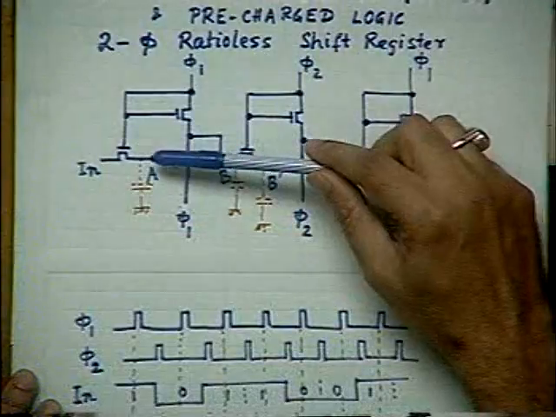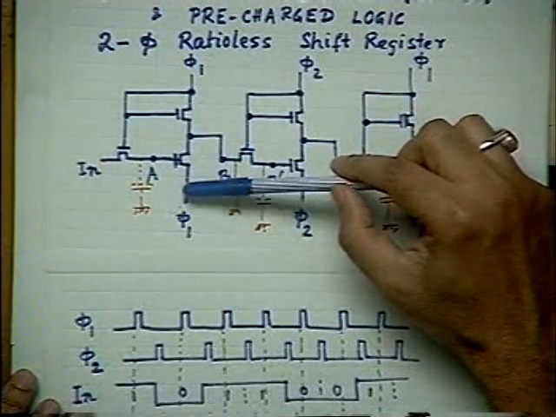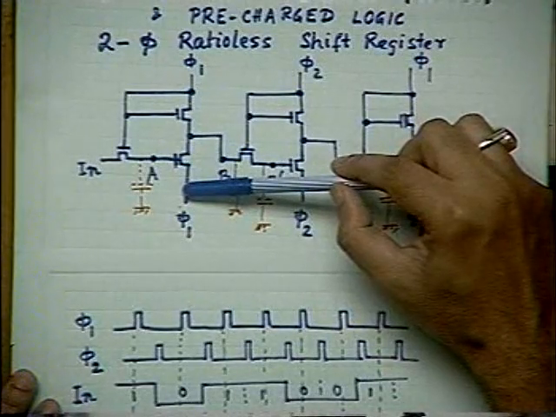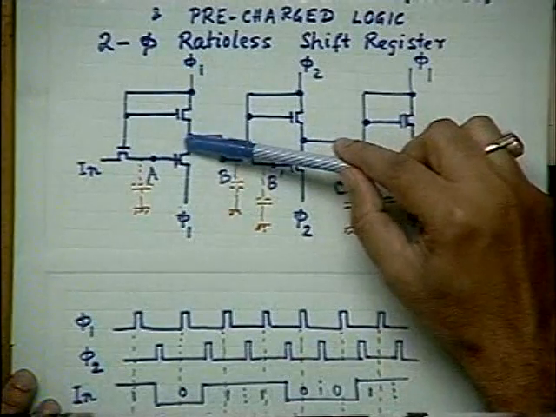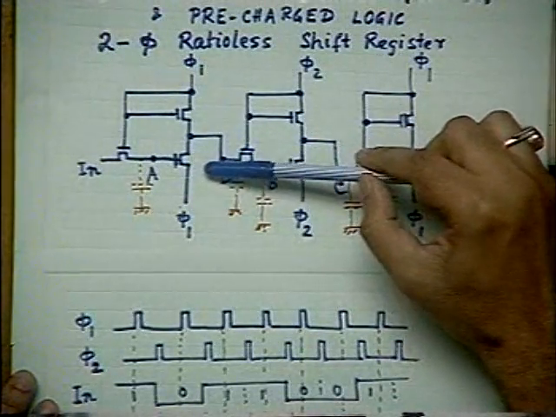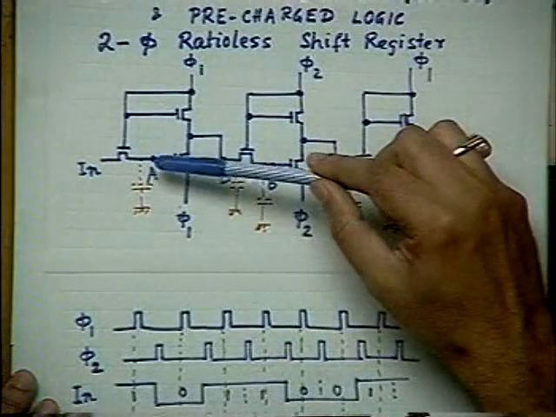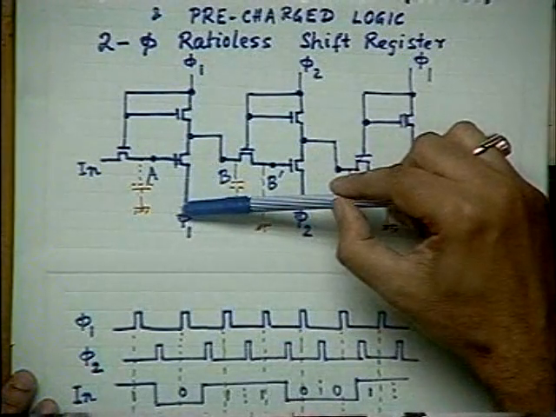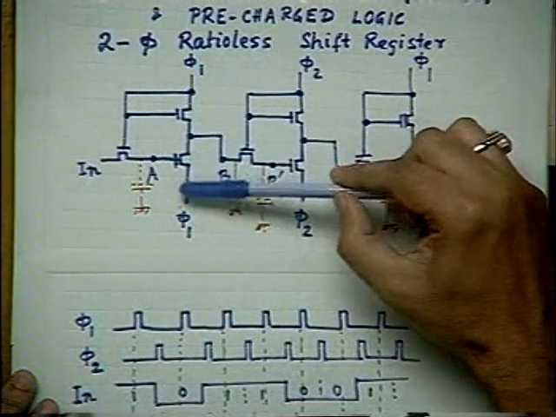When phi 1 is 0 and A is high, you consider this side as source and this is gate, this transistor is very heavily on. It may remain in saturation or in linear region depending on the voltage at this point with respect to this.